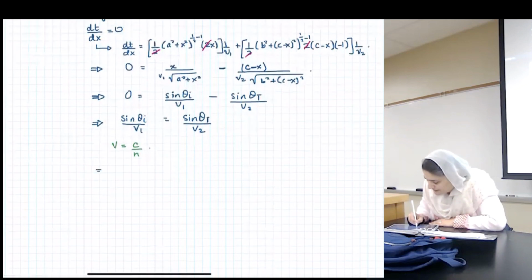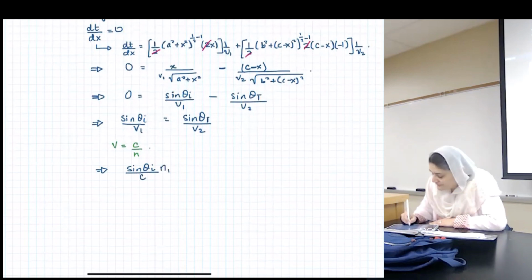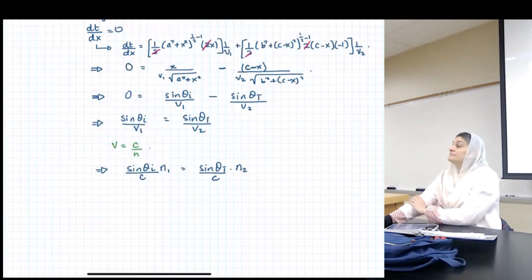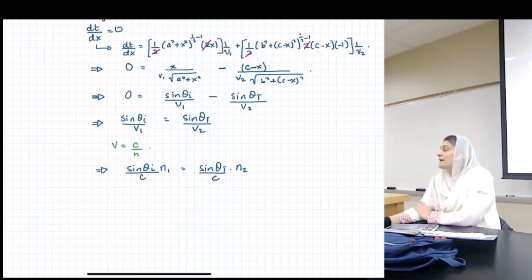So will this become sine of theta I divided by c over n1 equal sine of theta t divided by c over n2? C's at the bottoms go away.